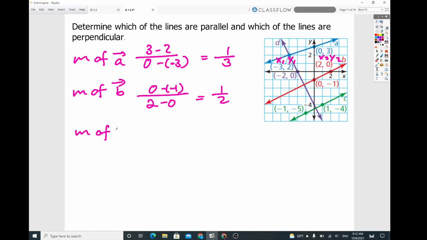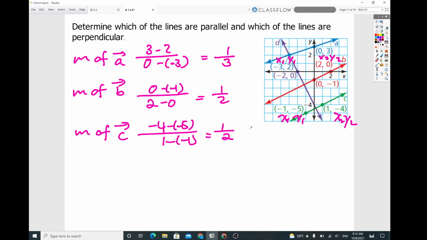And then for the slope of line C, y2 minus y1, once again using the slope formula: negative 4 minus negative 5, divided by x2 minus x1, so 1 minus negative 1. So this one will be 1/2.